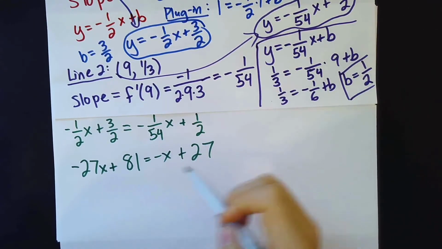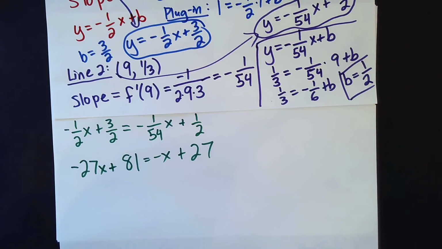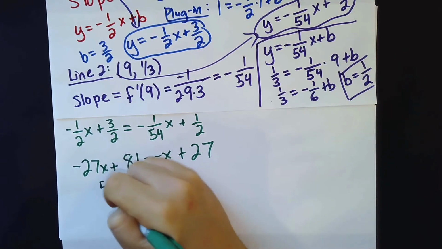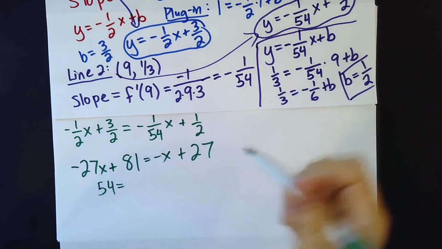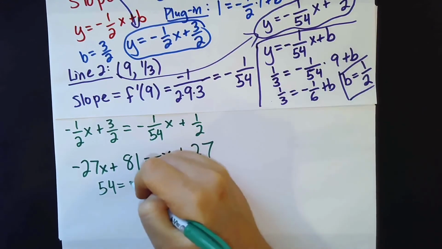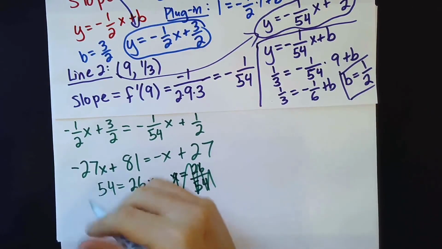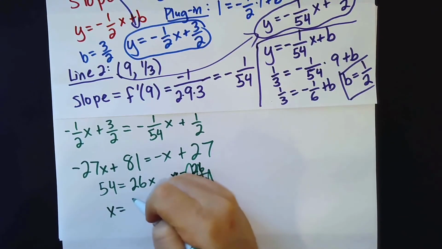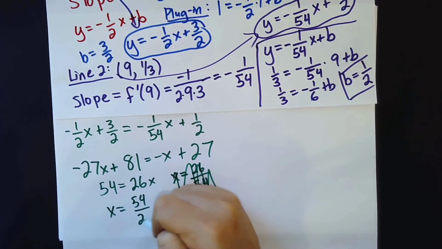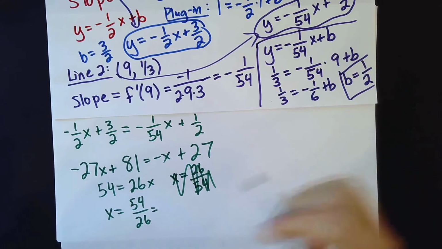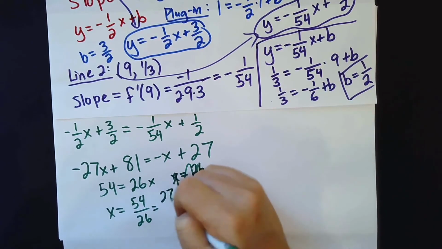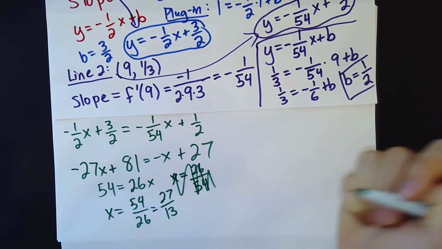So I'll move the 27 over to here. 81 minus 27, that'll be 54. And I'll move the minus 27x over here, so this will give me a 26x. And so this will give me that my x-coordinate is 54 over 26. Which, if you work it out, is 27 over 13.